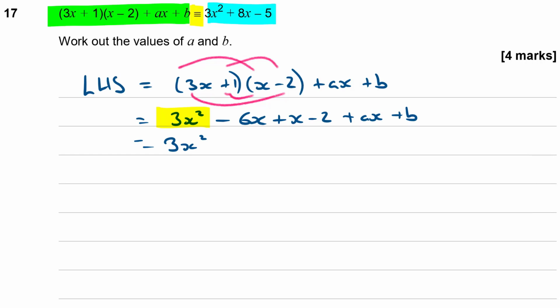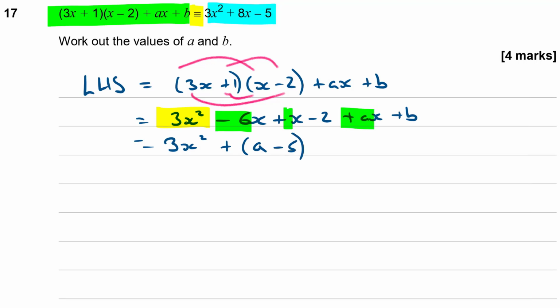But for my terms in x, I've actually got three different terms. I've got a minus 6x here, a 1x here, and an ax here. So I can say that what I've got is an a plus 1 minus 6, which is minus 5.